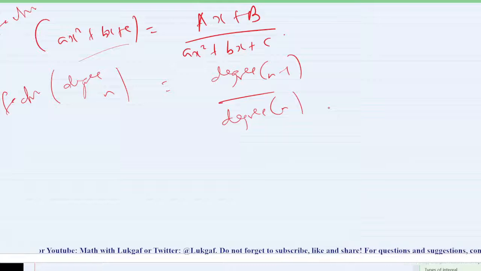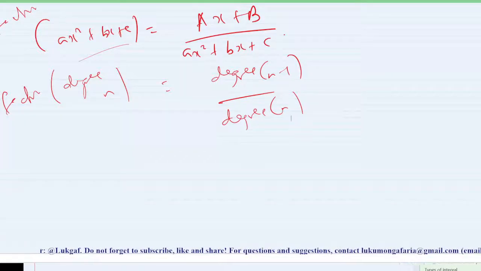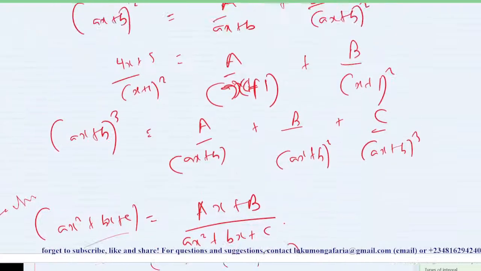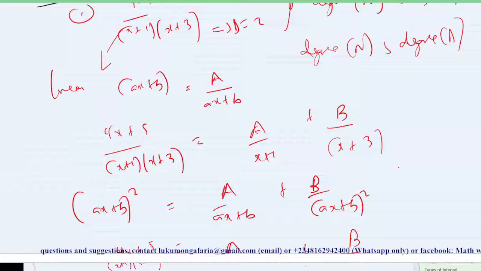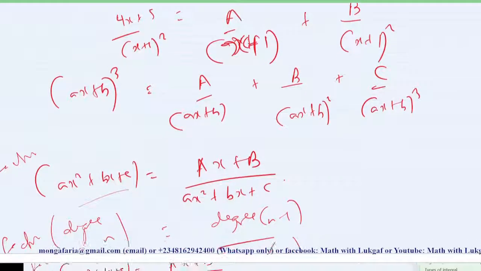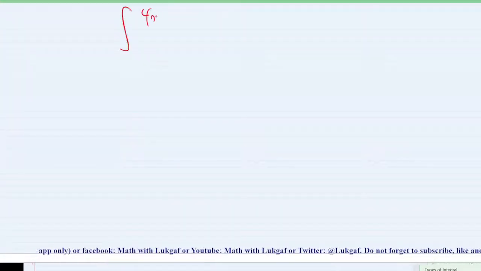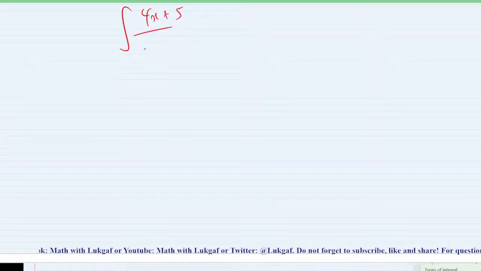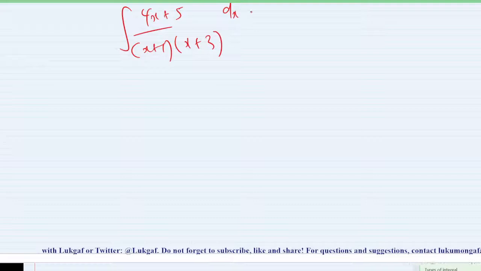You understand? Okay, now it is time for us to solve this type of question, since you already know the rule of partial fractions. Suppose you have the integral of (4s + 5) divided by (s + 1)(s + 3) with respect to s.